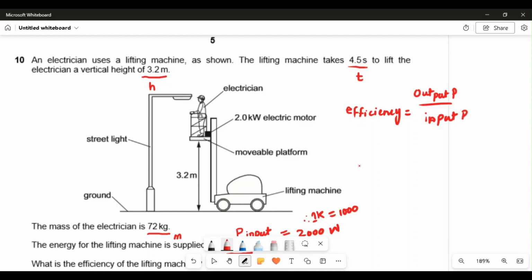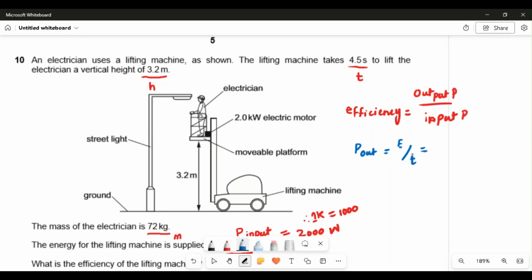Input power we are given as 2000 watt, but to find output power we need to go to the equation of power. Power out is equal to energy delivered per unit time.